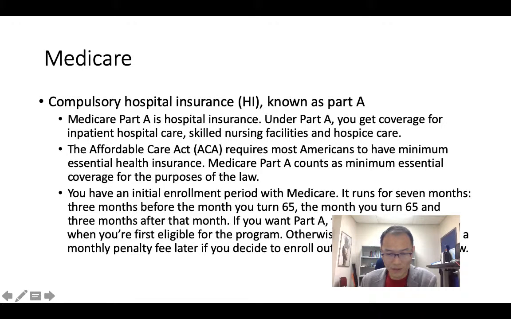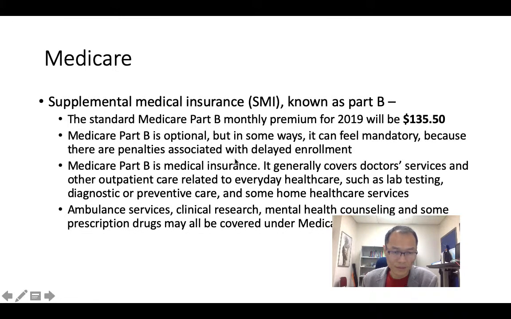Okay, this is information about enrollment of this coverage, and the most important thing is that it's mandatory, and it actually enrolls you automatically after you turn 65. Part B, this one you have to pay for a premium.